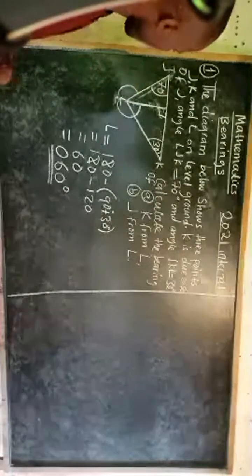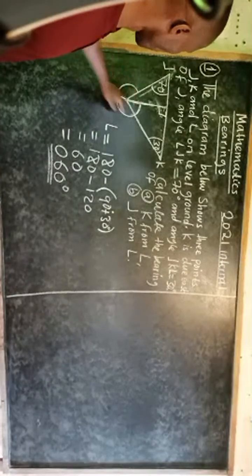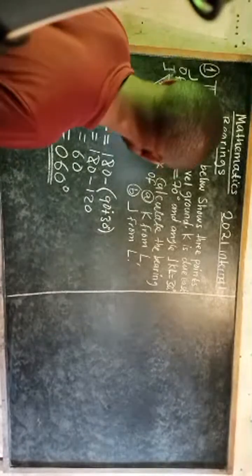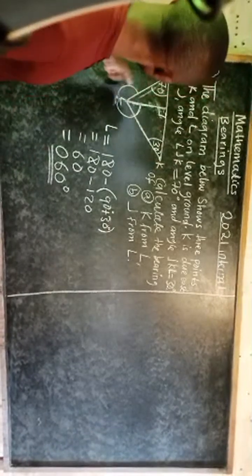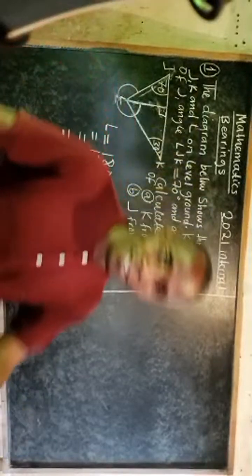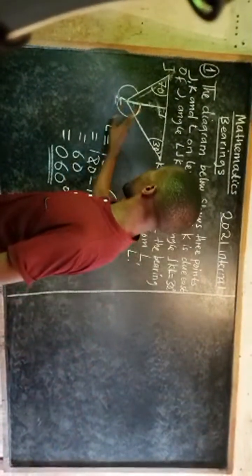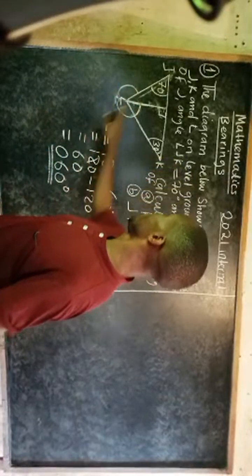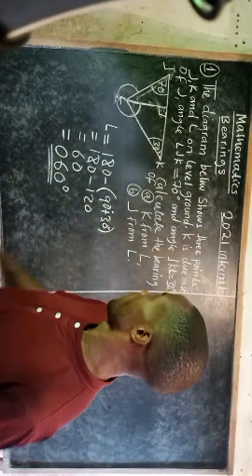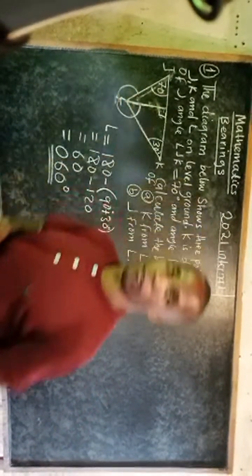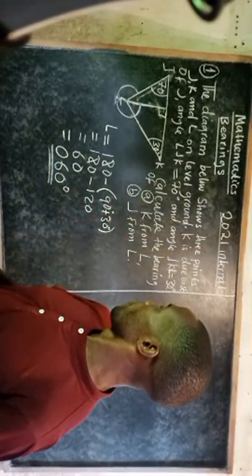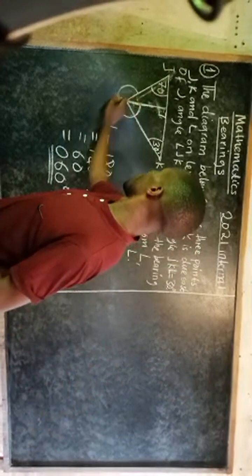Now remember, here what we are going to do, because this is almost the complete turn, which is 360. For us to find the bearing from here up to there, we need to know this angle, then we subtract that angle from 360. So what are we going to do to know this angle?